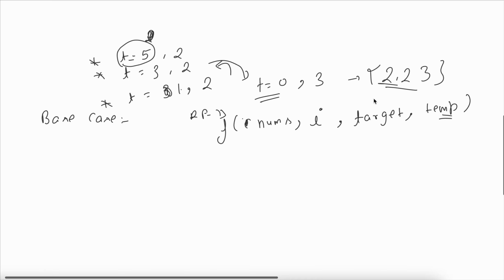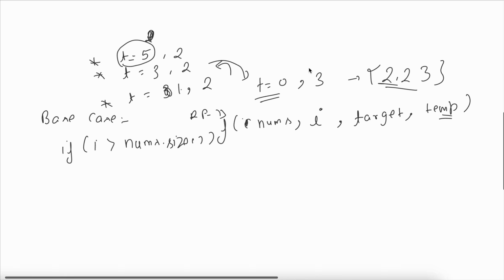Coming to the base case again, what could be our base case? One of the standard base cases which we always use: if i is greater than nums size. Let's say I'm starting from index 0.